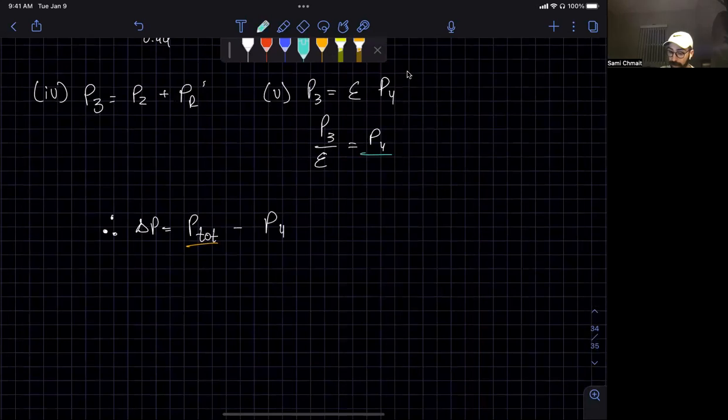We'll underline that in green. This change in power is going to be a positive value, because we expect P total to be bigger than P4. We'll get some positive value, and that tells us how much power will be saved if the voltage is stepped up rather than transmitting the power purely at 120 volts.